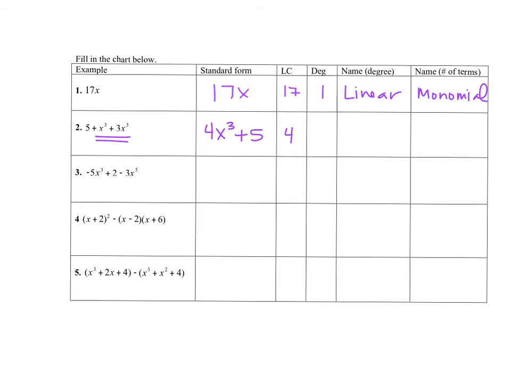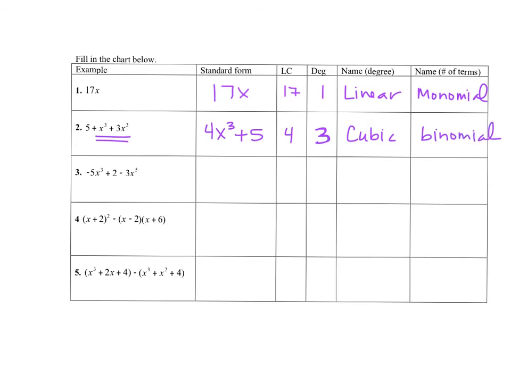Largest exponent? 3. So a degree of 3 is called a cubic. You're supposed to be taking notes. It is a cubic. And two terms? Binomial.